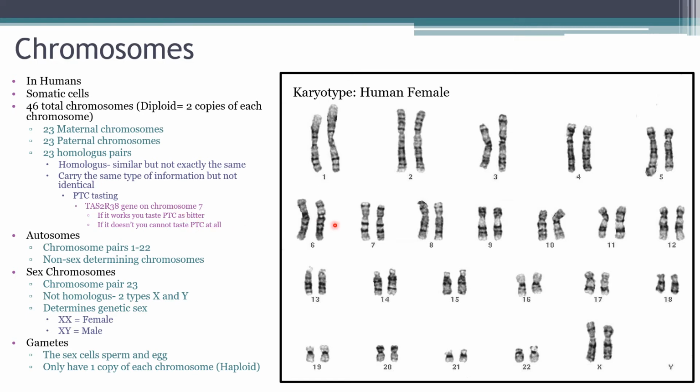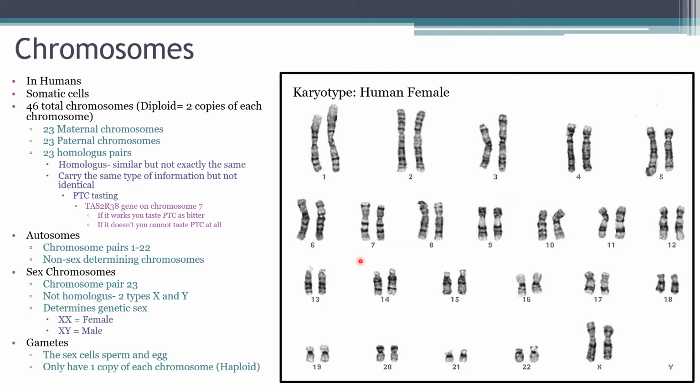Maybe sometimes you get the tasting gene from both your parents, but other times you get a tasting gene from one parent and a non-tasting gene from the other. In that case, it's slightly different. So that's what we mean by homologous, basically similar but not the same. These chromosomes carry the same kind of information, but not always exactly identical.